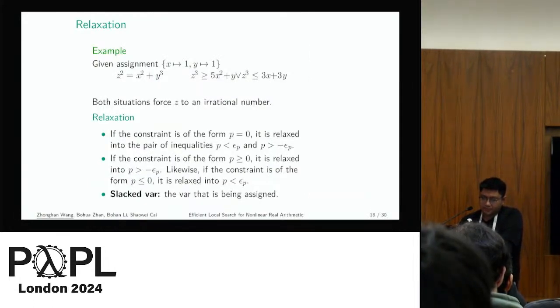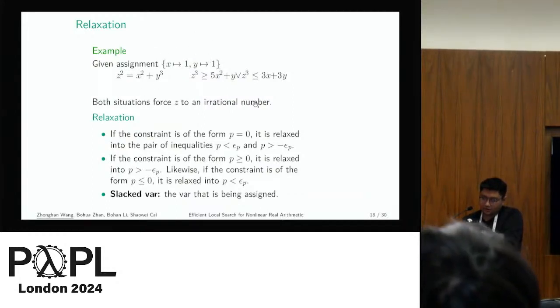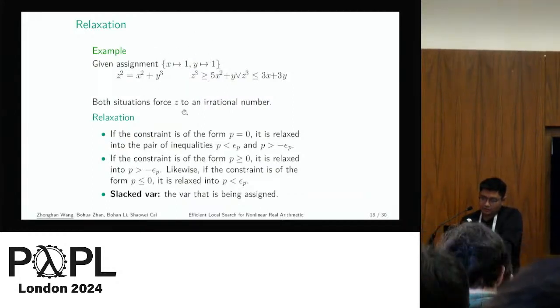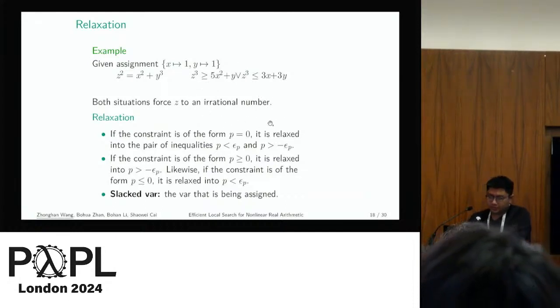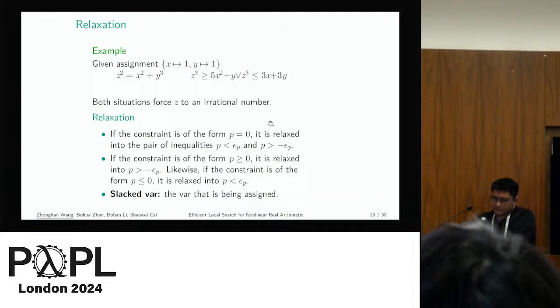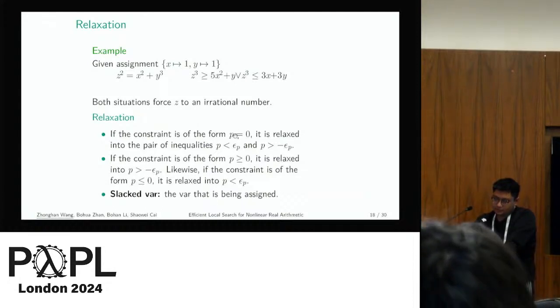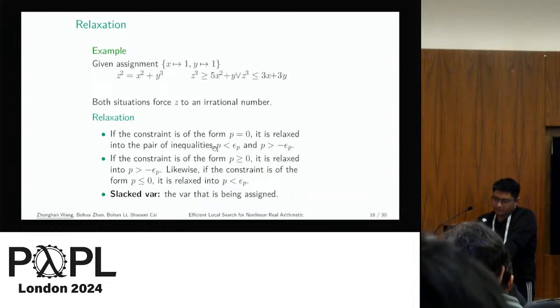Here's an example. In all of these clauses, the value can only be an irrational number. It's not an interval, it's a point interval. And we do relaxation to the equalities. If the constraint is from p strict to 0, we split the form to p negative or p positive than epsilon p.